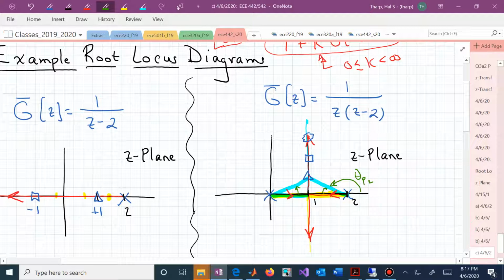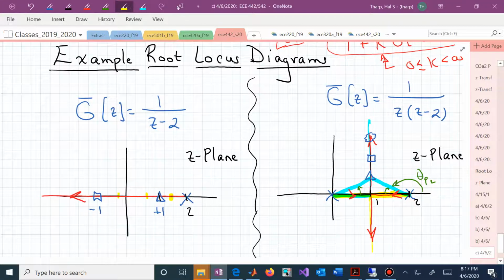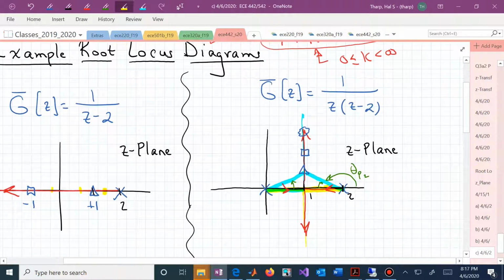So if we take theta sub p sub 2 and add the angle due to the pole at the origin, we are at 180 degrees. We are at that same angle value at any point on this line that's equidistant between 0 and 2. So that line goes vertical at z equal to 1.